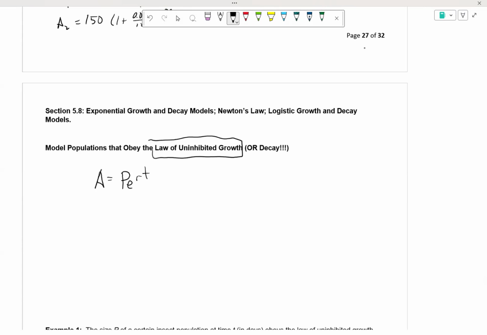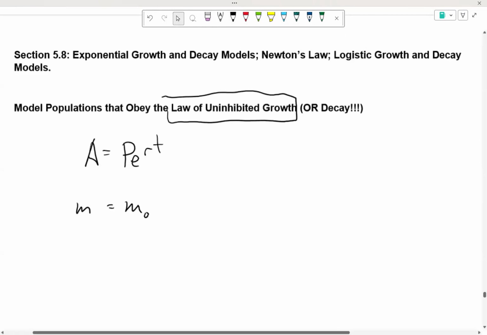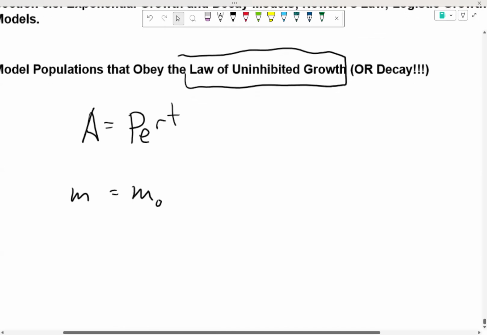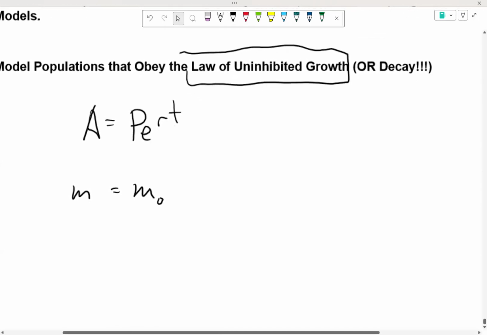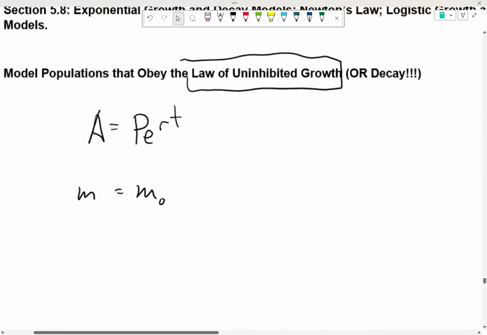So it'll often look like this, like M is equal to, do you know how to say this? This M with a little subscript 0. M sub 0, initial M, or M naught, yeah. M naught e to the kt, you may see it like this. But it's the same thing. This would be maybe talking about mass that would be decaying, perhaps like radioactive decay.